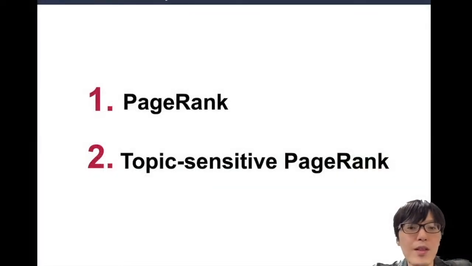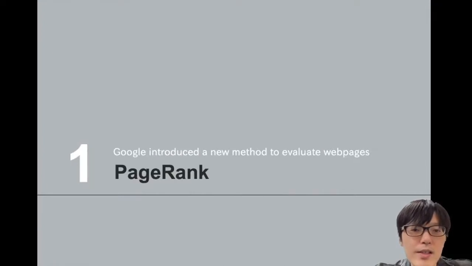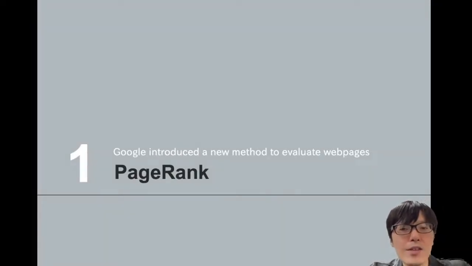So today we will learn two techniques to compute the importance of nodes in graphs. Firstly, we will learn the PageRank algorithms, and then we will learn the topic-sensitive PageRank. So let's start with the PageRank. As you may know, the PageRank is one of the most famous algorithms in the last 30 years.